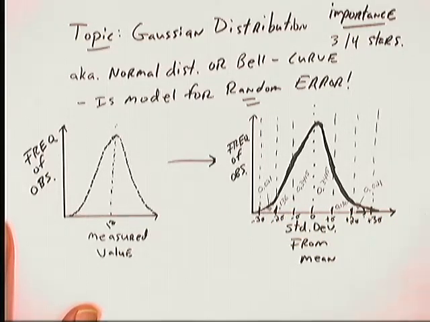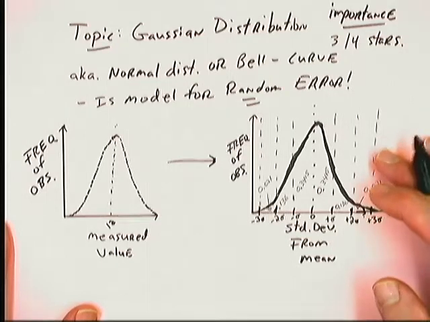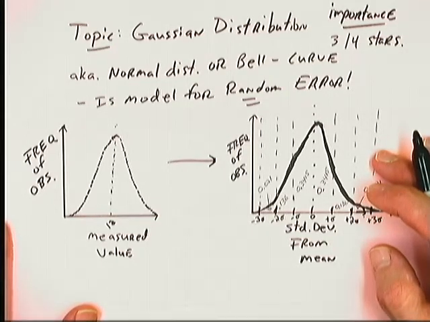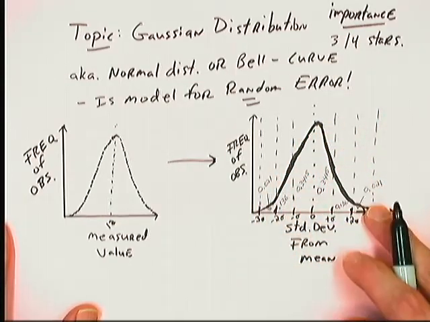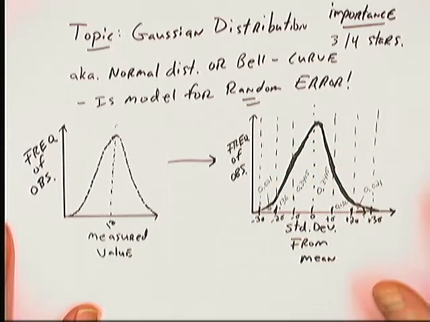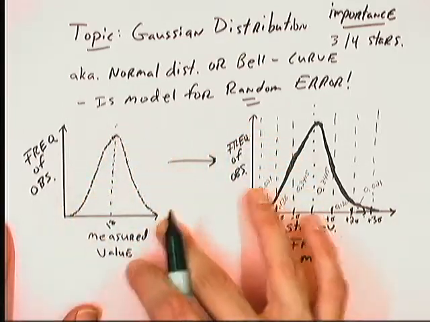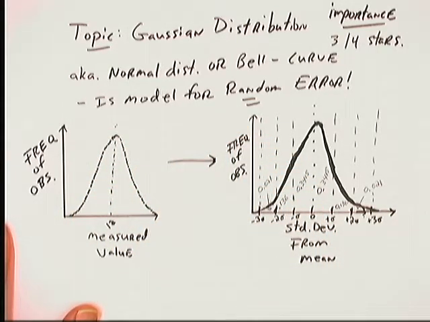Another thing that I'm doing in this discussion that we're going to continue on with now is normalizing my data such that the area under this curve is going to be equal to 1. 1 being representative of the entire data set that was collected, or the entire population of data is probably a more correct statement.